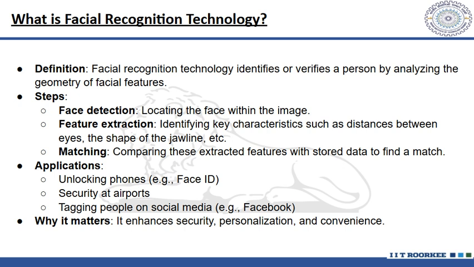Third, matching, comparing these extracted features with stored data to find a match. Applications include unlocking phones, enhancing security at airports, and tagging people on social media. It's important because it brings convenience and security to our daily lives.